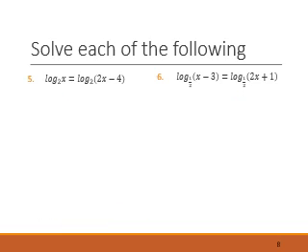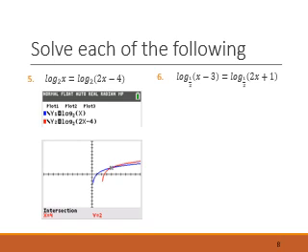If we wanted to take one more look at this to try to convince you that number 6 really doesn't have an answer, let's think about solving by graphing, something that we mentioned in the beginning. So problem 5, you can see I used a graphing calculator and I graphed log base 2 of x, that's the blue graph, and then I graphed log base 2 of 2x minus 4, that's the red graph.